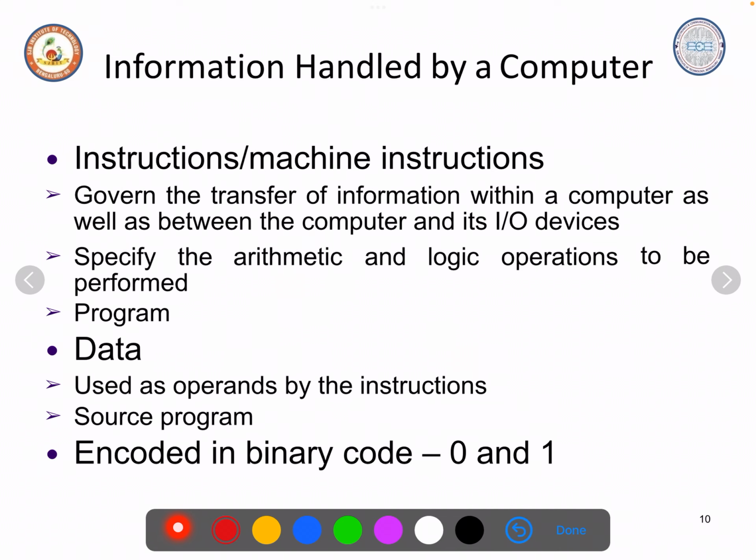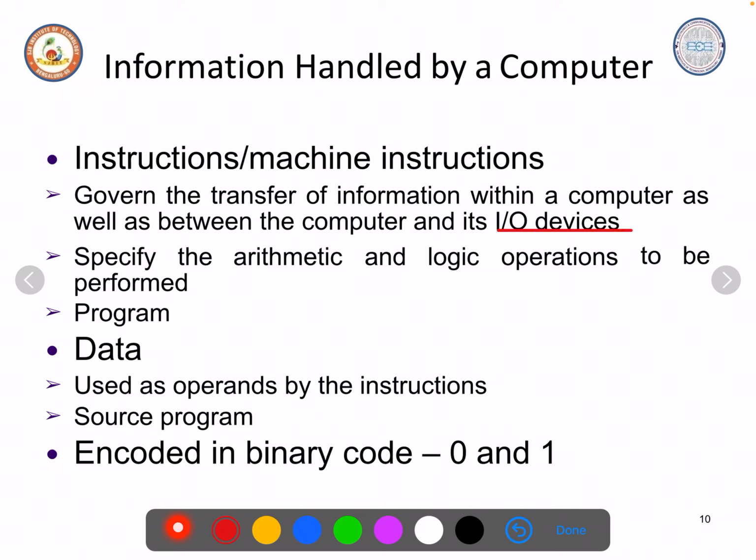The information handled by the computer is in the form of instructions, sometimes called machine instructions. They govern the transfer of information within the computer, as well as between the computer and other IO devices.